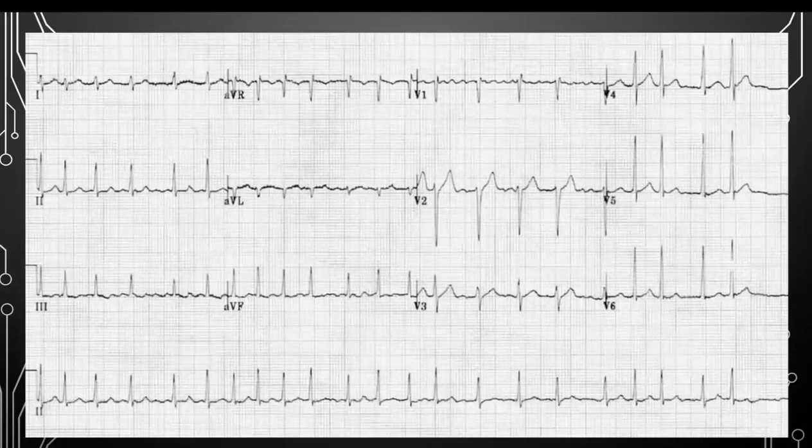The heart rate is around 140 per minute, and I can also see that the QRS complexes are not matching each other, there are distances between them. So I'm assuming the patient has atrial fibrillation. I can't see any other thing.